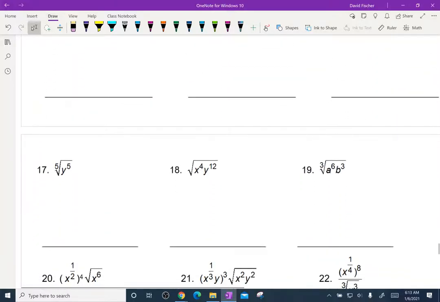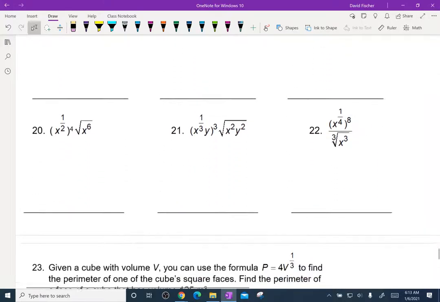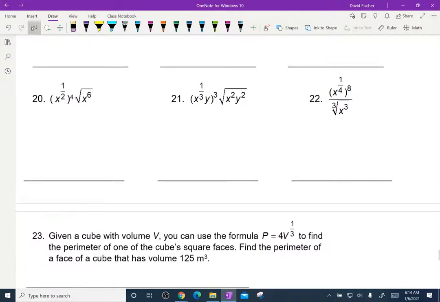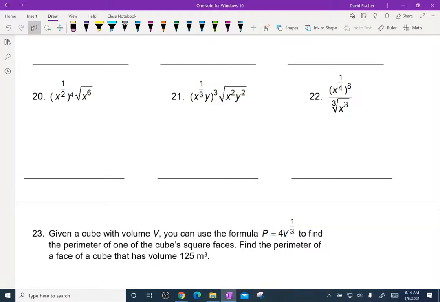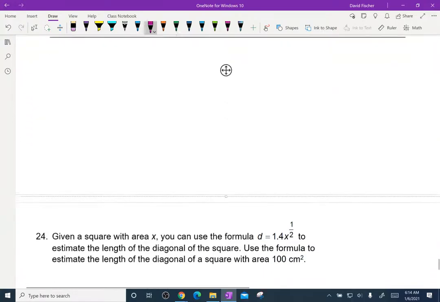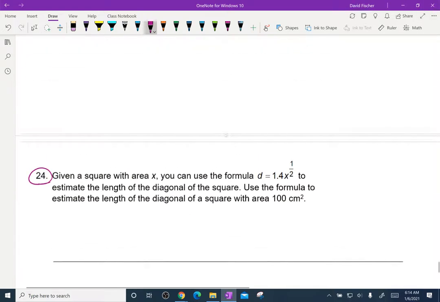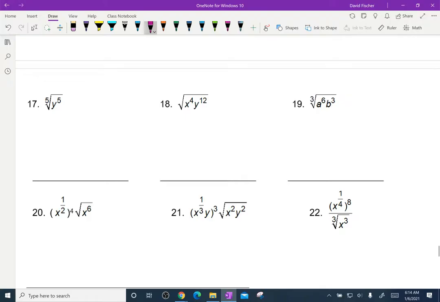The only part you need to stop on would be at 17. So from 17 to 22, we'll do that tomorrow. But you should still be able to do 23, so do that one. And you should still be able to do 24. Then tomorrow, we will work with these going in reverse order.